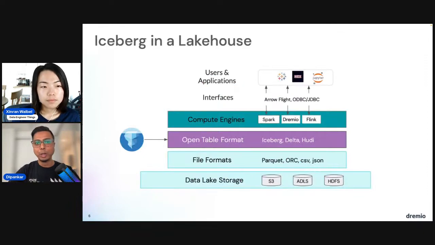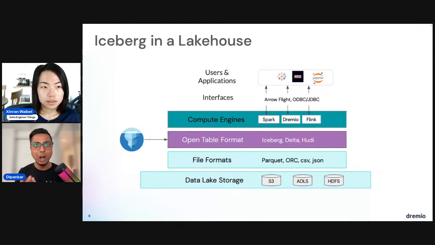Just to give a visual picture, I'm a person who likes to see things visually, and it leaves a mental impression for me. This is one of the things I want you to take away from this talk: there are a lot of technical components that come together and form a lakehouse architecture. It's important to note that not each of these components is tied to one particular single system, like we had in the past with data warehouses.